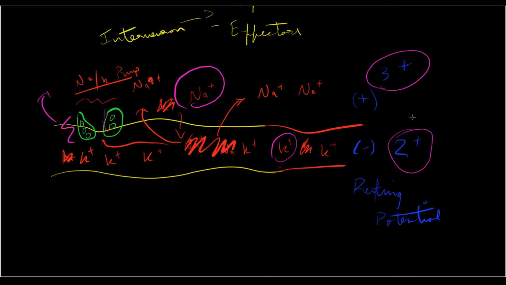It's going to be 1 more positive than the inside. And so the inside is seen to be relatively, let me write that in bold, relatively negative. Not negative, but relatively negative when compared to the outside.